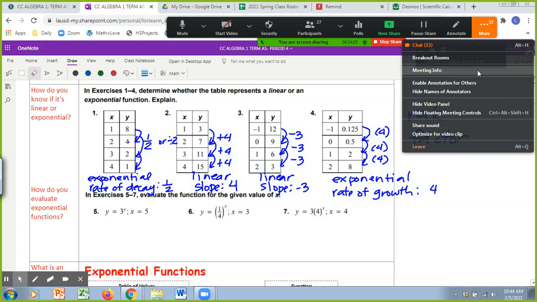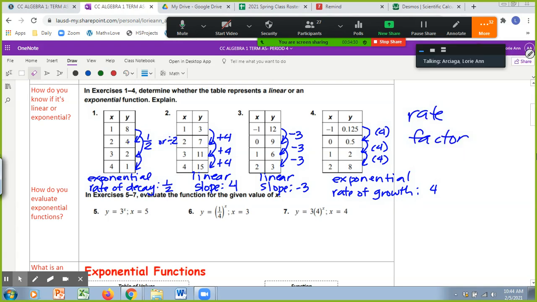Okay, next, we're going to practice how to evaluate exponential functions. I have here y is equal to 3 with an exponent x, and you replace x by 5. Can you tell me what the final answer for that will be?